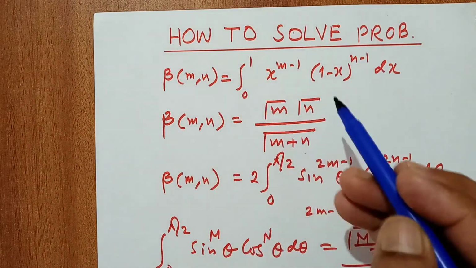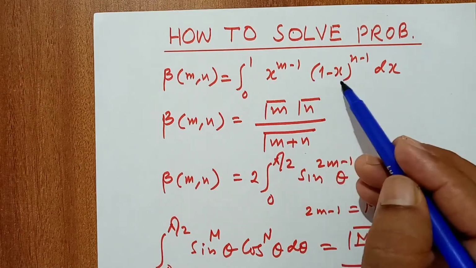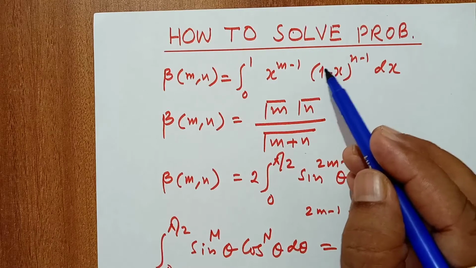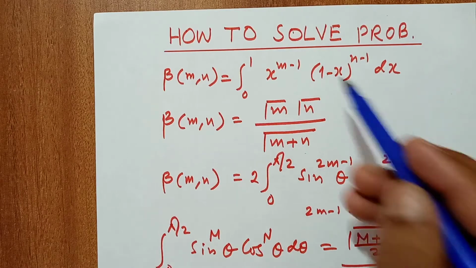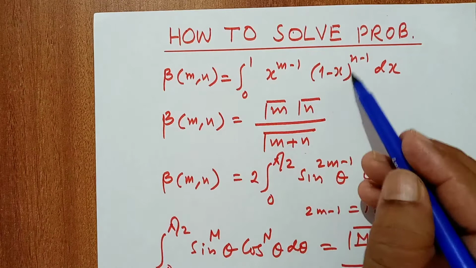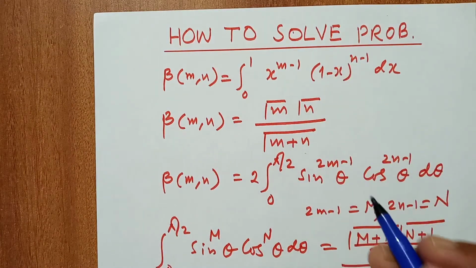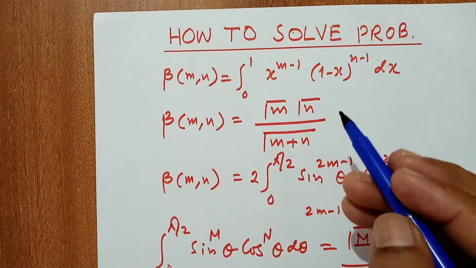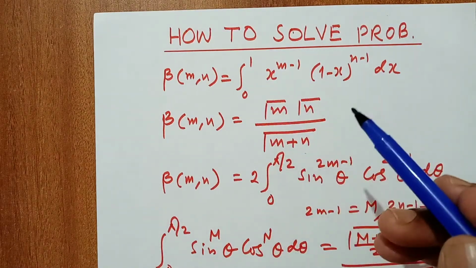You see what the 1 minus x is. If there is any constant like a minus x, you put x equal to at, or you take a outside and then this becomes the new variable. This is the solution by taking the beta function, which is very easy.